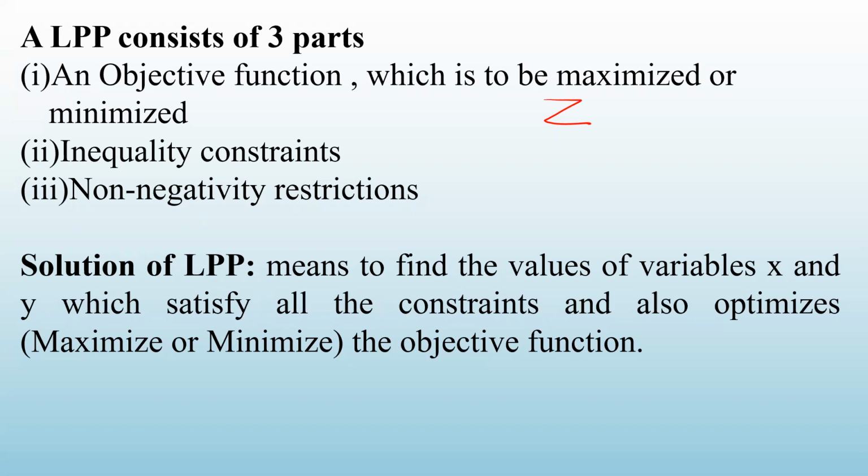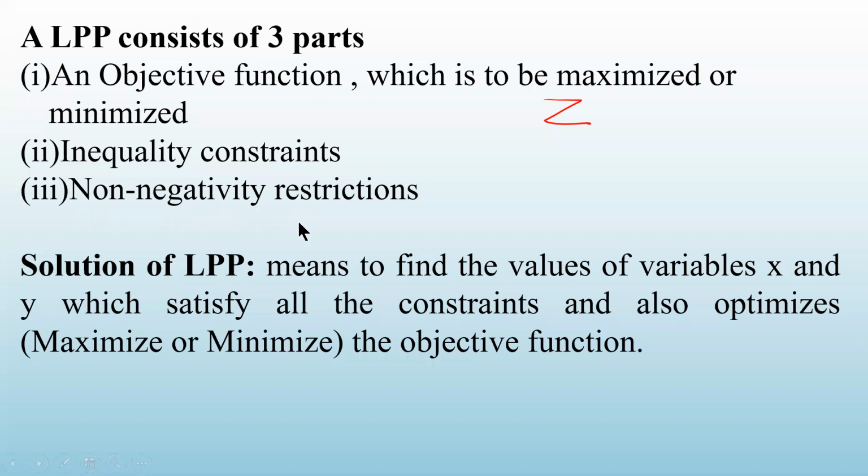So there are certain limitations. You may want to maximize your profit, but you cannot take more hours of work from the machine, or get too much work done by your employees. So these are certain restrictions, and they are called inequality constraints.